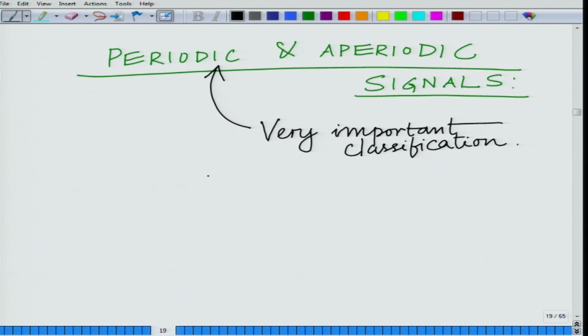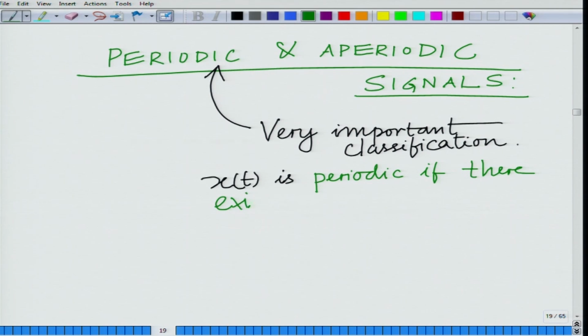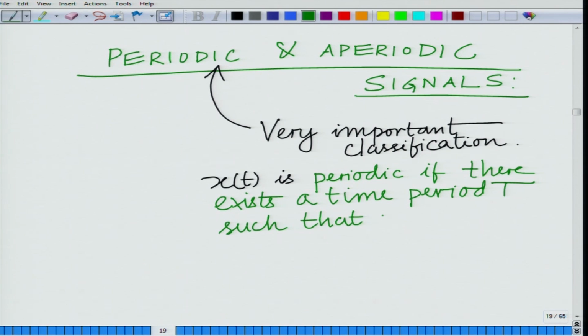X of t is periodic if there exists a time period T such that x of t plus T is equal to x of t.